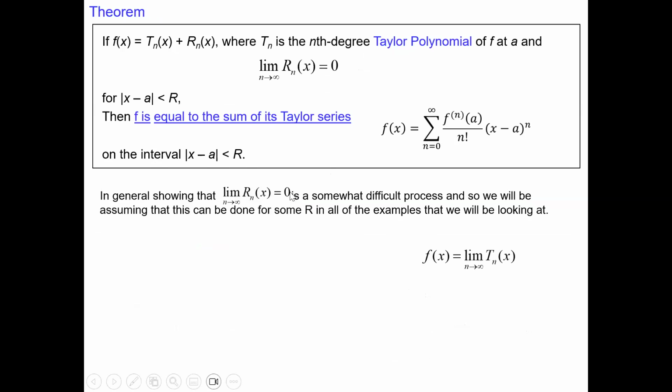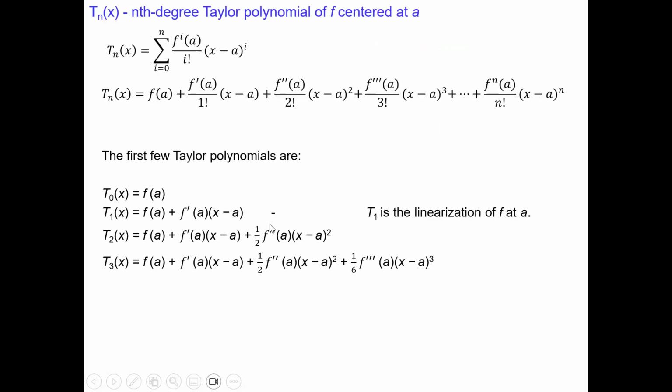This limit of the remainder being 0 is not really easy to prove, but in whatever example we have in this class, the limit of the remainder is 0. Okay, one more time before we start attacking some questions.